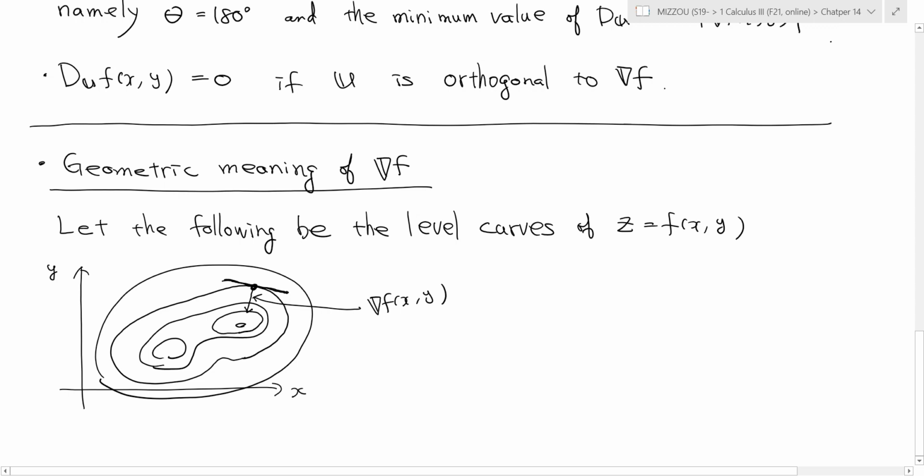That's when this is tangent to this level curve. So that means, after all, the gradient, which is a vector, is orthogonal to the level curve at each point.